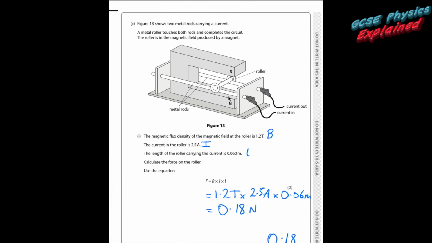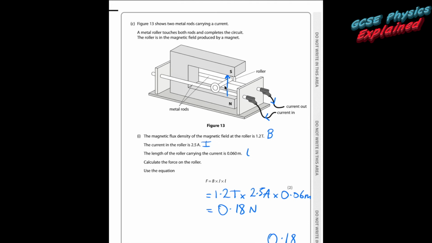Right, so the magnetic field would be going from north to south, so that's going upwards. So if you put your first finger pointing up, now it says the current's going in here, and it would be going along this metal rod, through the metal roller, out of this metal rod, and then the current's coming out there.